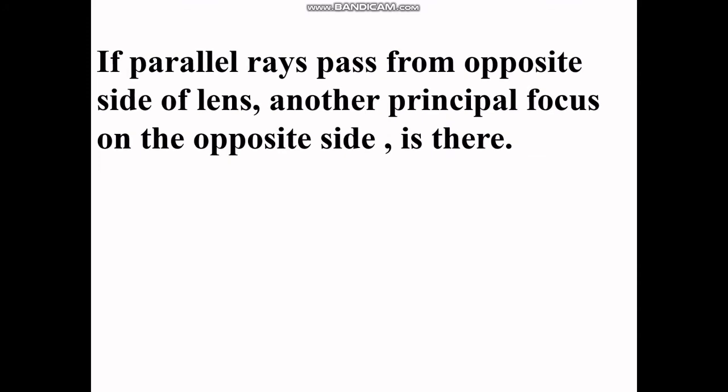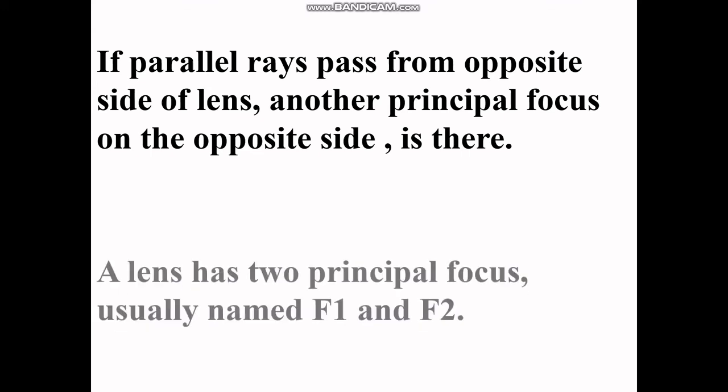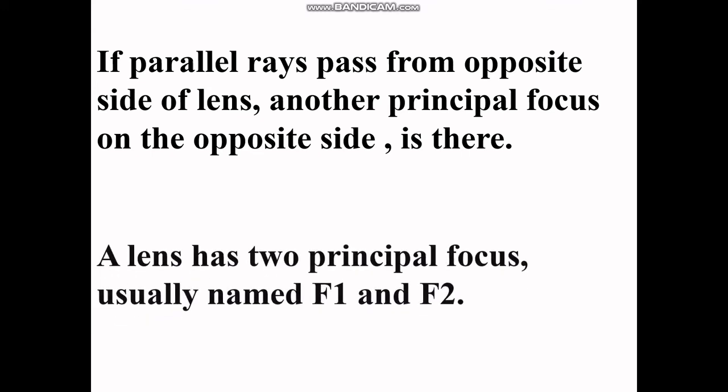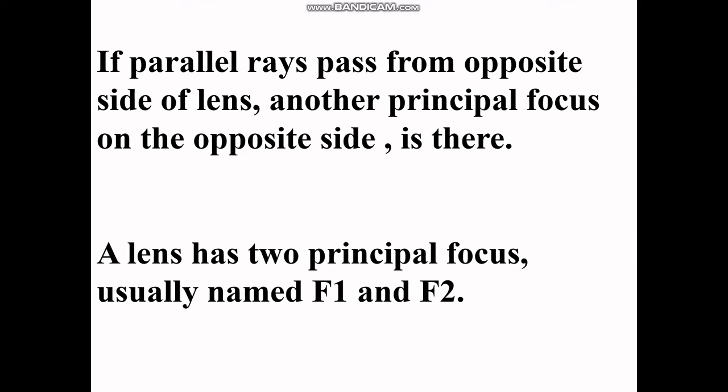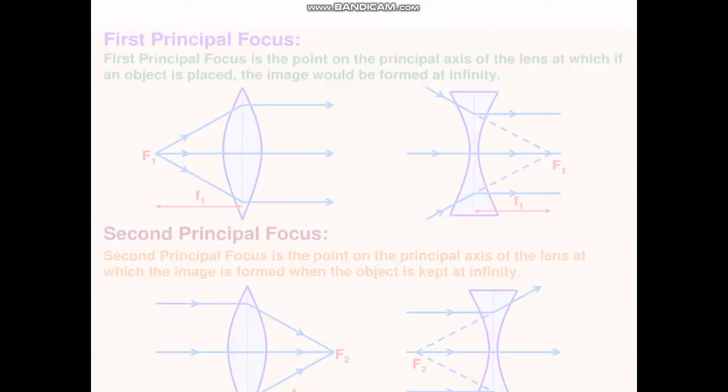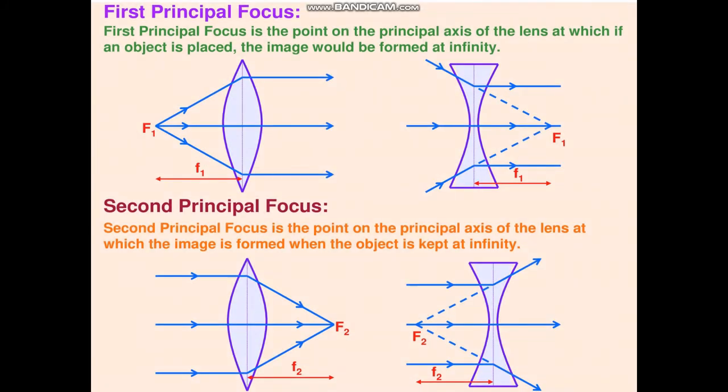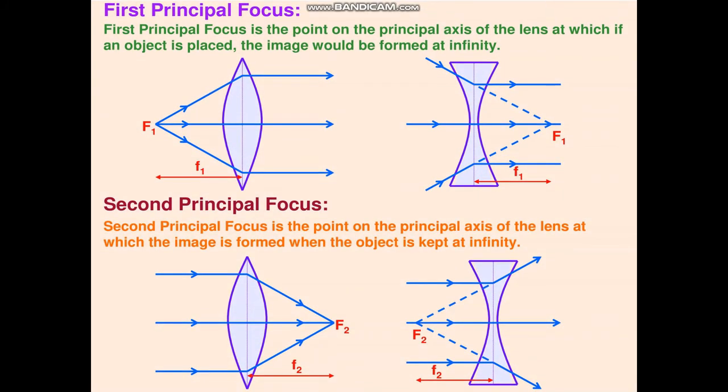If parallel rays pass from the opposite side of the lens, there is another principal focus on the opposite side. Remember, a lens has two principal focus points, which we usually name f1 and f2. Now, we have both the focuses over here.